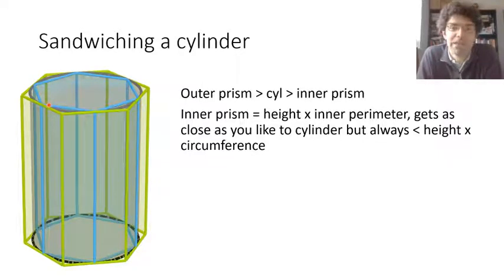But, as we were saying earlier, its surface area, we know quite precisely, is the height times the perimeter of that inscribed polygon, which is going to be less than the circumference. So that would be a contradiction.